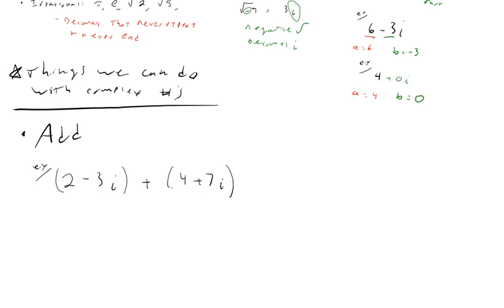What we're going to do is simply combine like terms. We're going to add the pieces that are the same together. So my real parts are going to combine together. Add the real parts. 2 plus 4 is going to make 6.